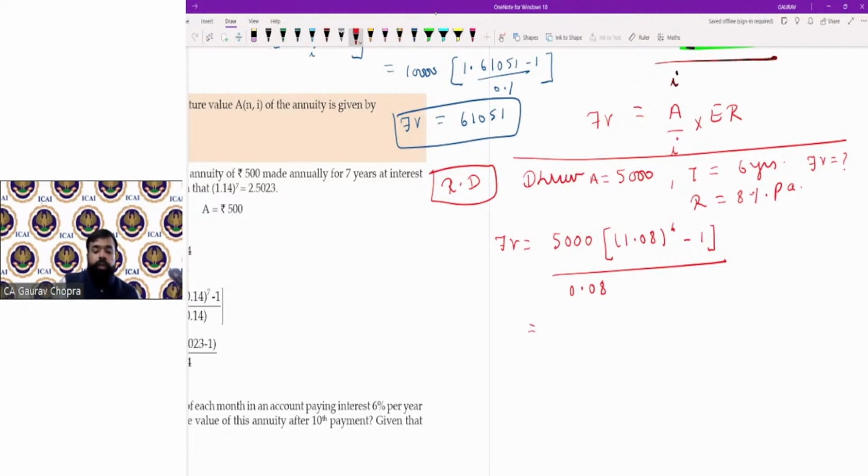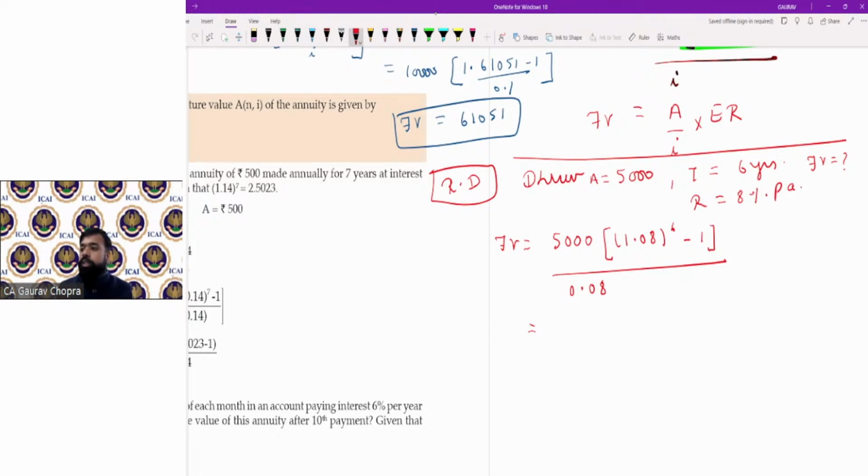Now let us calculate and get the result. 1.08 to the power of 6, so power 2, 3, 4, 5, 6, minus 1, then divided by 0.08, and then multiply by 5000.